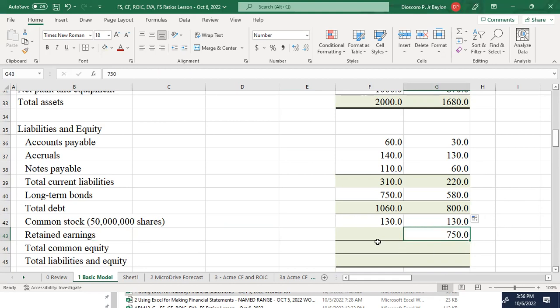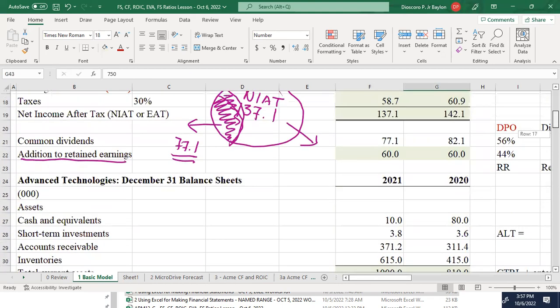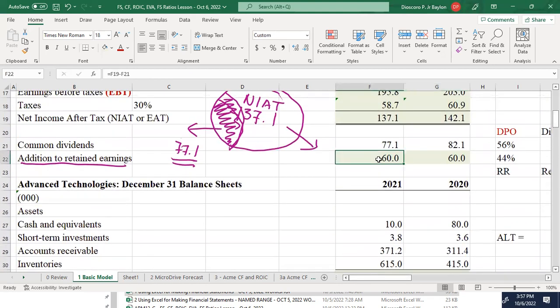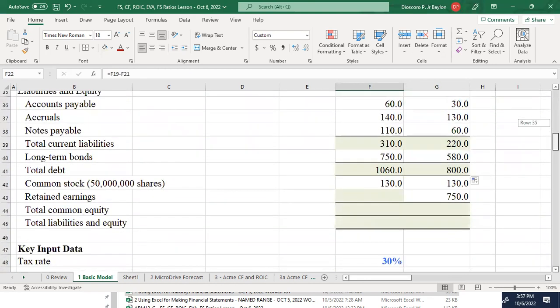Now the question is, how much will be the retained earnings for 2021? So the retained earnings of a particular year is equal to the retained earnings of 2020 plus the addition to retained earnings of 2021. Okay, so for 2021, this will be added to retained earnings. Okay, so let's compute for the new retained earnings for 2021.